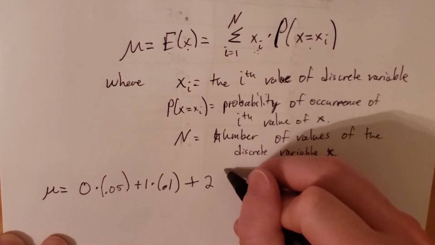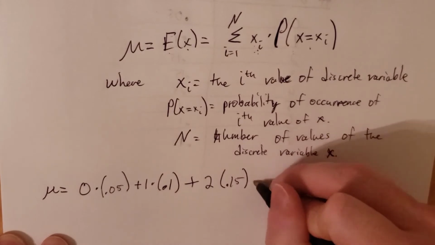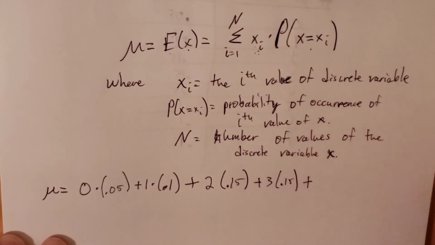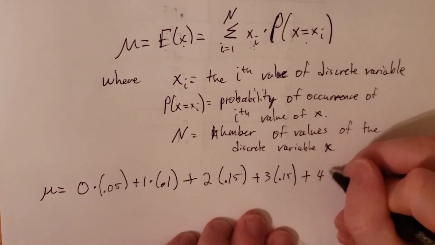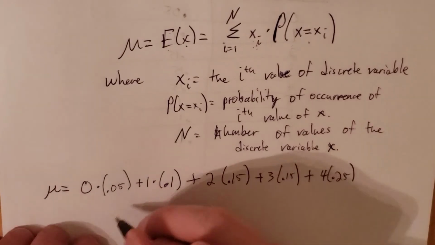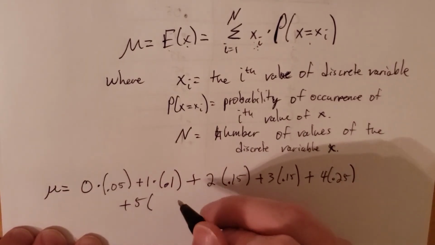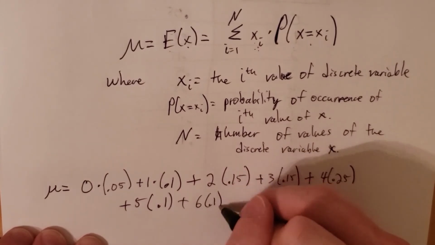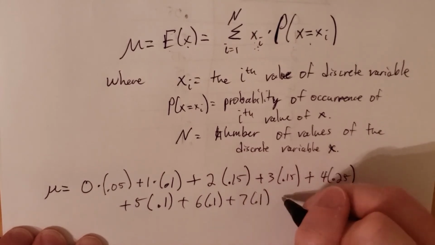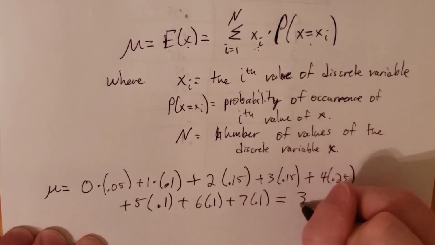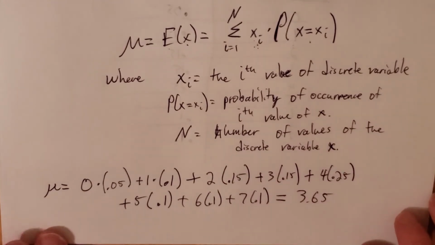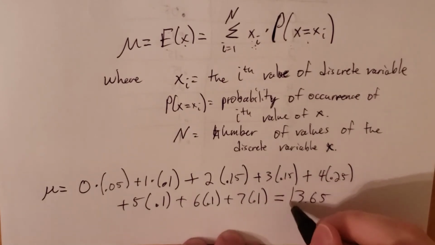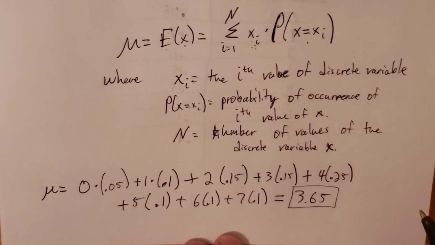So the second variable was 2 times its probability plus 3 times its probability plus 4 times its probability plus 5 times its probability plus 6 times its probability plus 7 times its probability. And all of that is 3.65. So our expected value is 3.65.